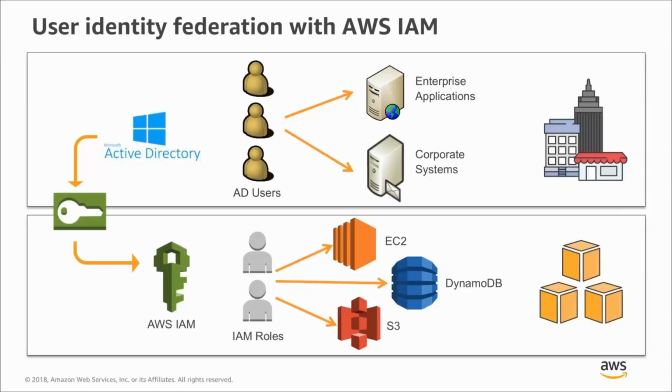In this case, your AD users on-premise, in the box on top, authenticate against Active Directory, and then you use something like Microsoft ADFS or Okta to do that federation with AWS IAM. So your AD users essentially assume a role in AWS and can then access the resources in AWS.